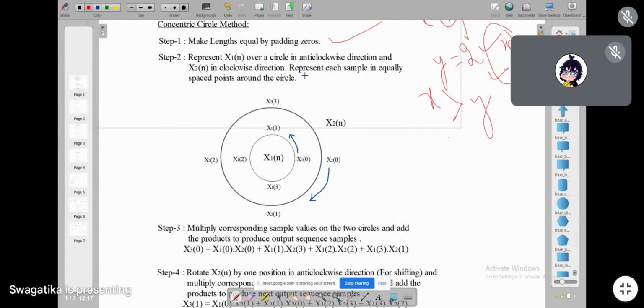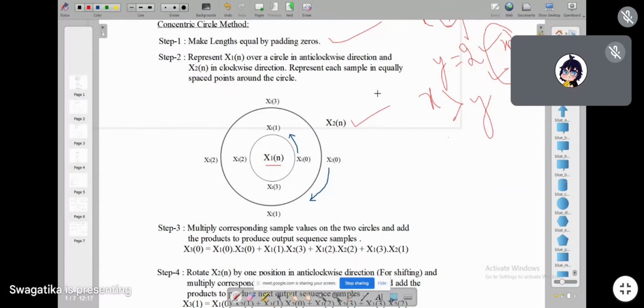Draw a circle, count the number of samples, suppose 4 or 5, and mark equally spaced points on the circles. There will be two circles: the innermost circle represents x1 of n and the outer circle represents x2 of n.